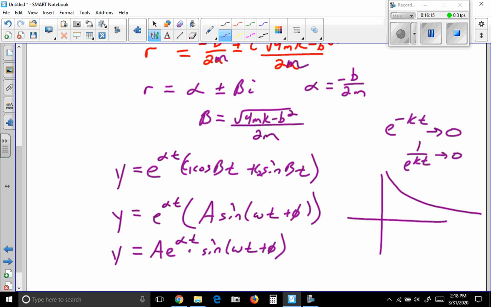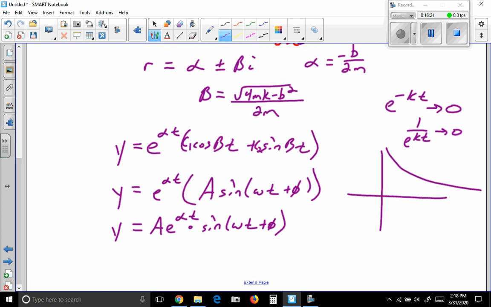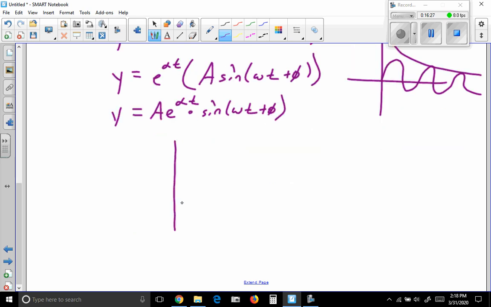The sine part is making it oscillate. If we put those two ideas together, oscillation and exponential decay, then in an underdamped situation we experience some peaks and some troughs, but over time the peaks and troughs are getting shorter and shorter.